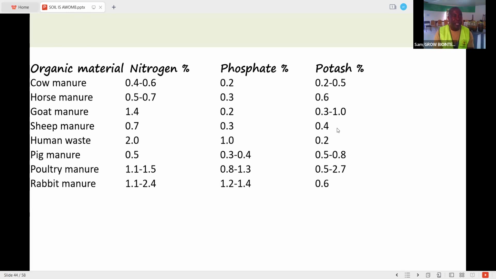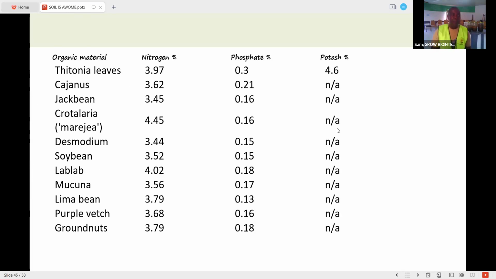Look at those plants there. Tithonia diversifolia. Look at the nitrogen, 3.97. It's even higher than human waste. Look at Cajanus cajan, which is pigeon peas.